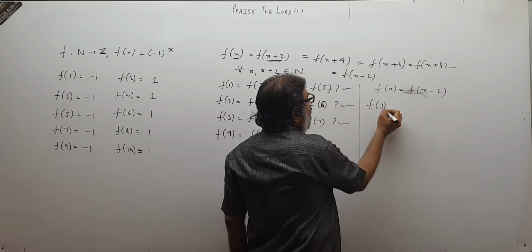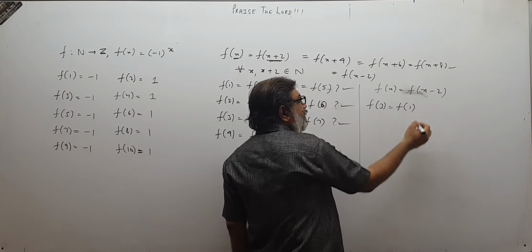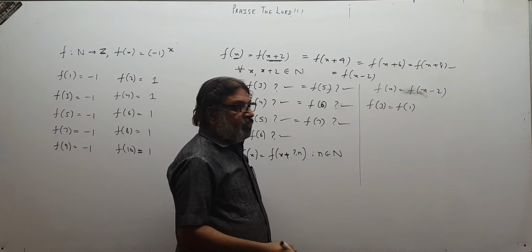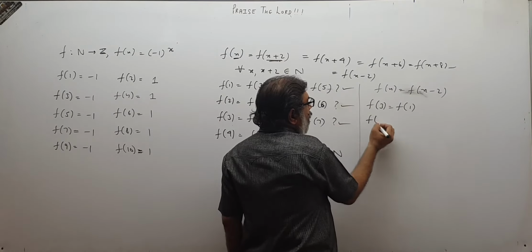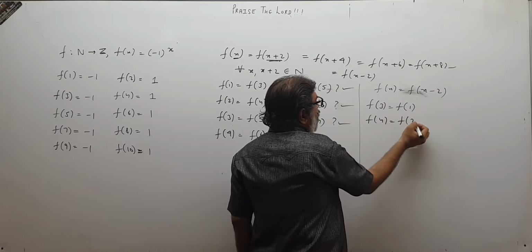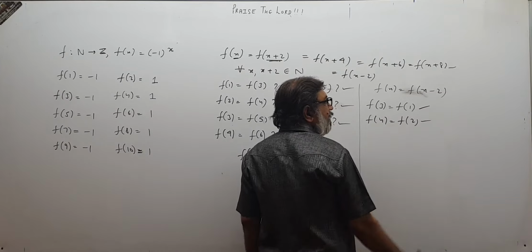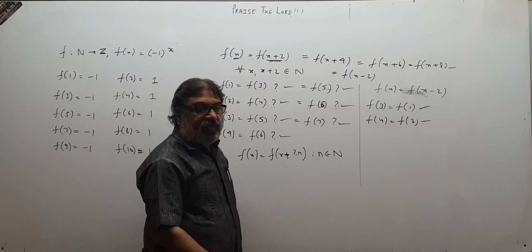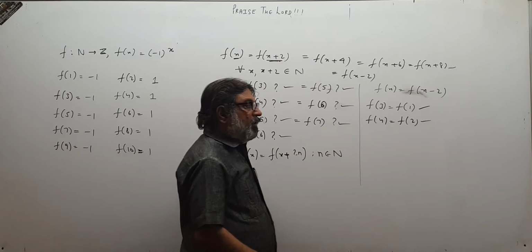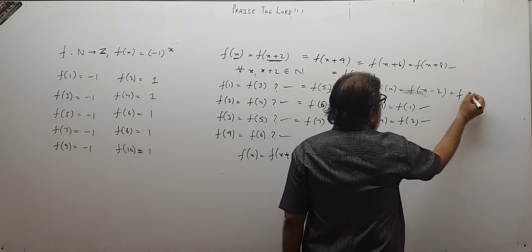So f of 3 is equal to f of 1. Is it correct? Yes. Take x as 4. Is f of 4 equal to f of 2, 4 minus 2? Yes, they are correct. They are equal. So like that f of x will be f of x minus 2. That will also be equal to f of x minus 4.